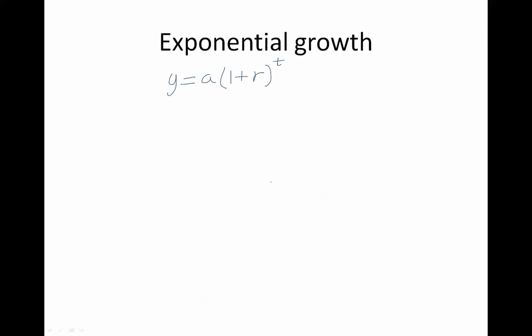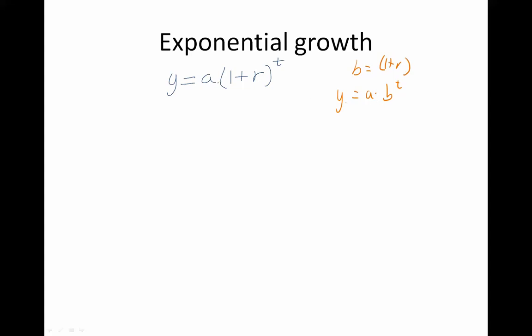Finally, we're going to talk about exponential growth, a very specific type of problem. The formula that you're seeing in front of you is a formula for creating an exponential growth problem. I want to point out that if you were to replace the b in y equals a times b to the t with 1 plus r, you would get this formula that we've already talked about.